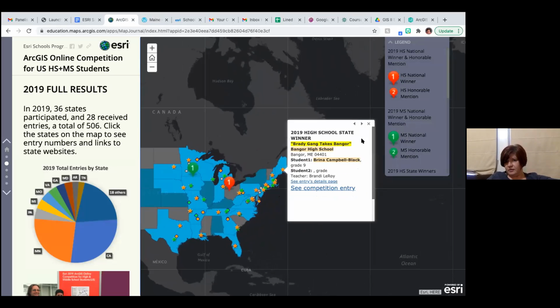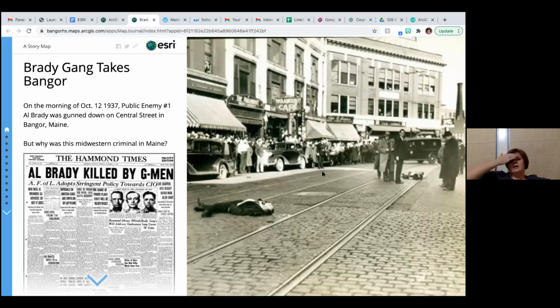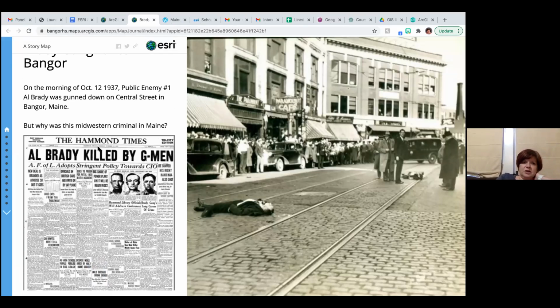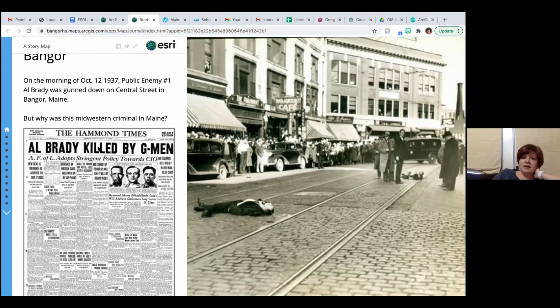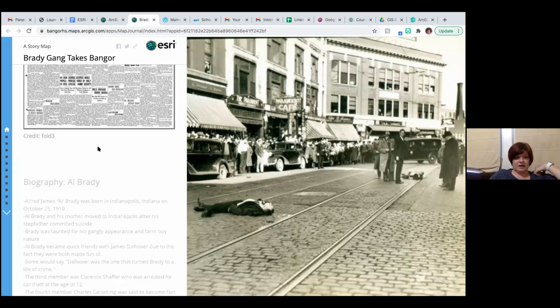Oh, here we go. So the Brady gang is the one that won. Let's go to this one. So you can see she did some research. She put in some primary source pictures, talked about why the Midwestern criminal was in Maine at this time.